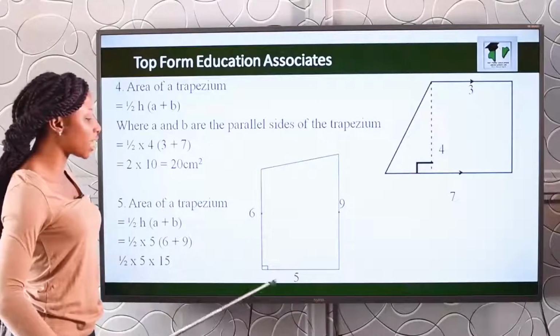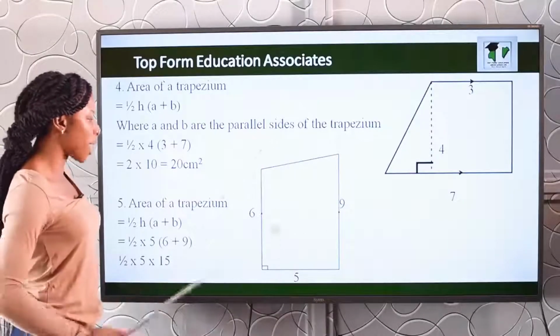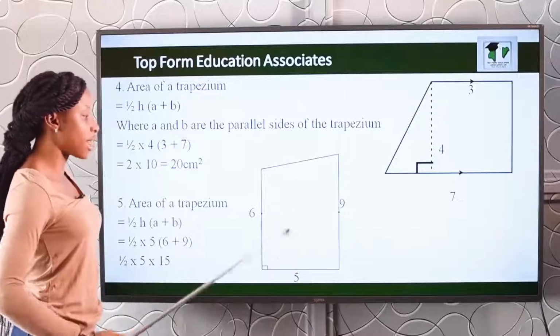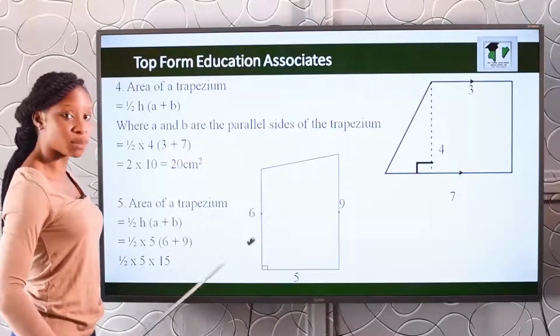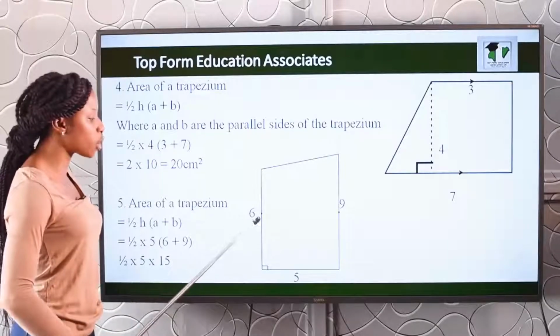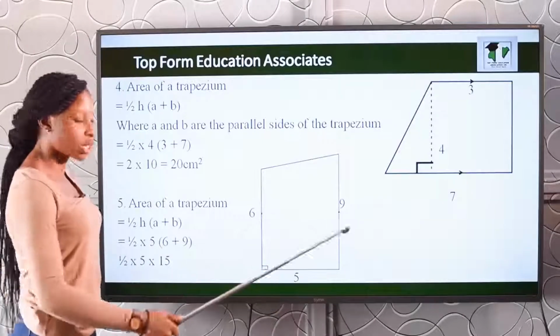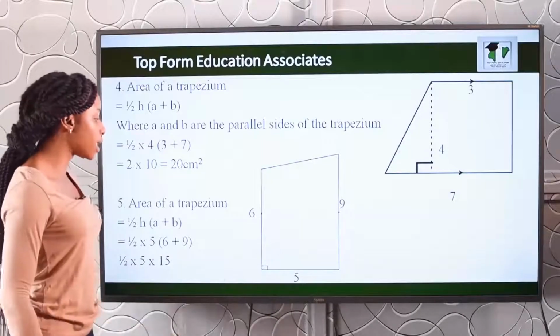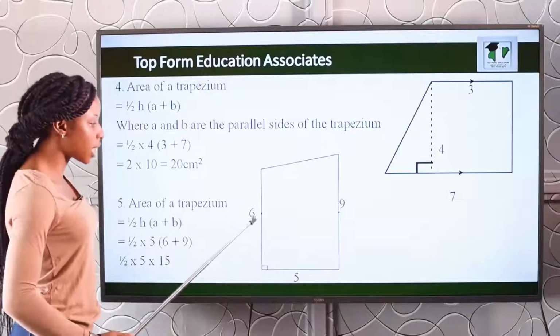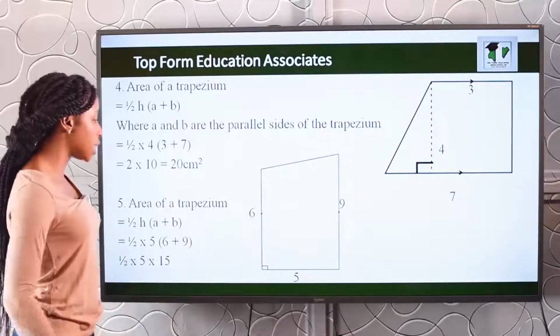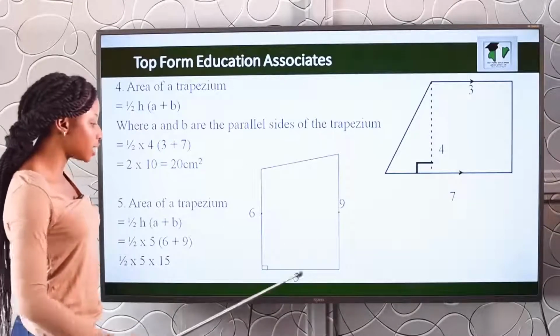Number 5, we're given another trapezium here and we're asked to look for the area. Now, whenever you are given a trapezium, the first thing to do is to take note of the parallel sides. You see the first side here is 6 and the second one here is 9. So our height is given as 5.